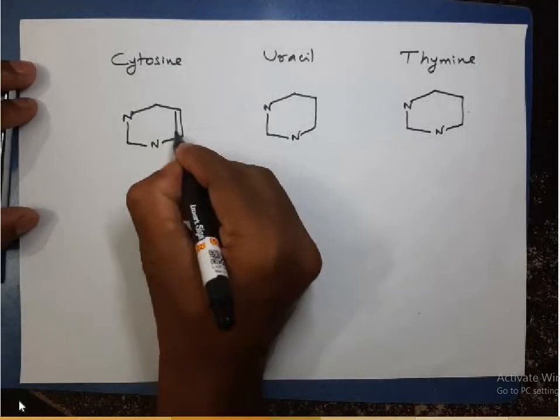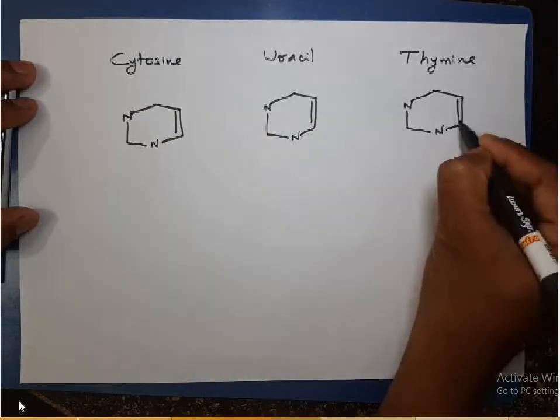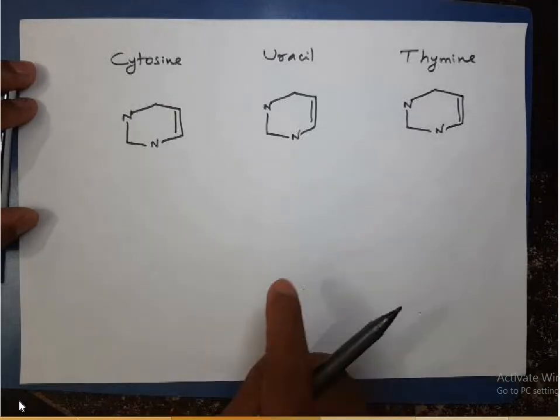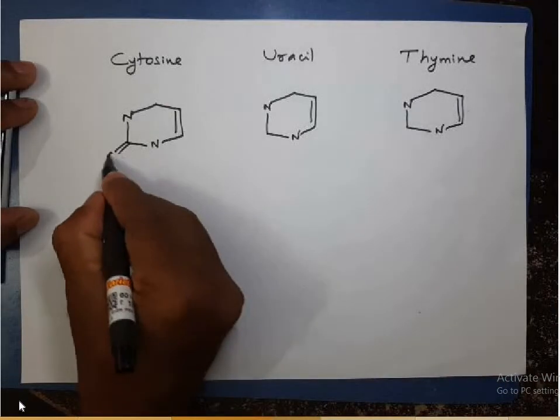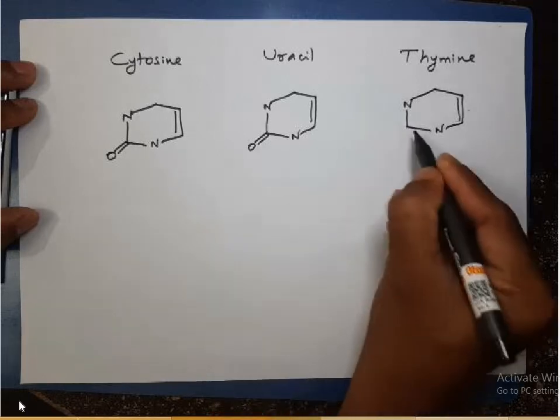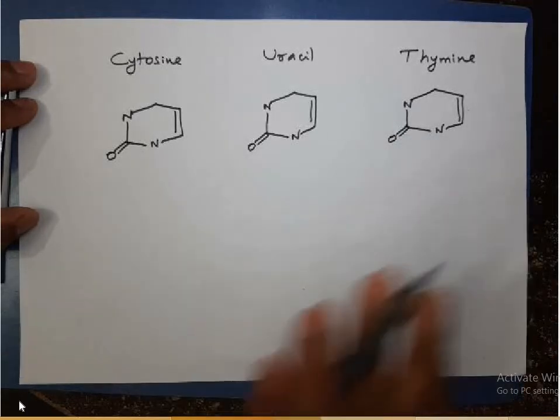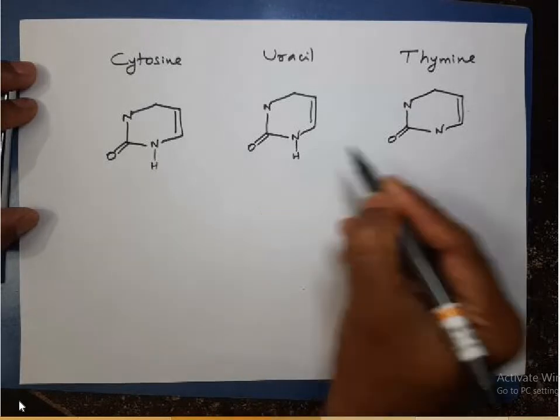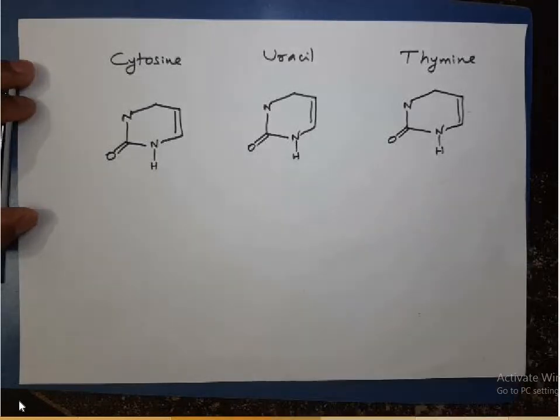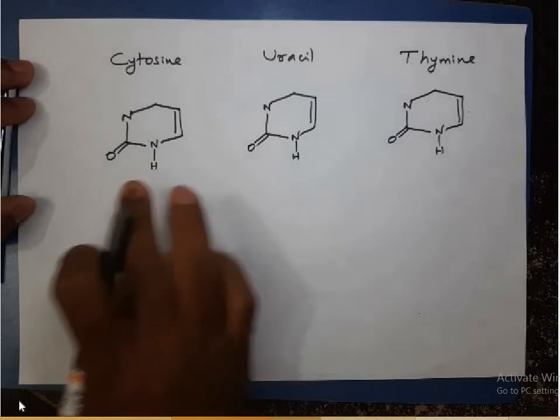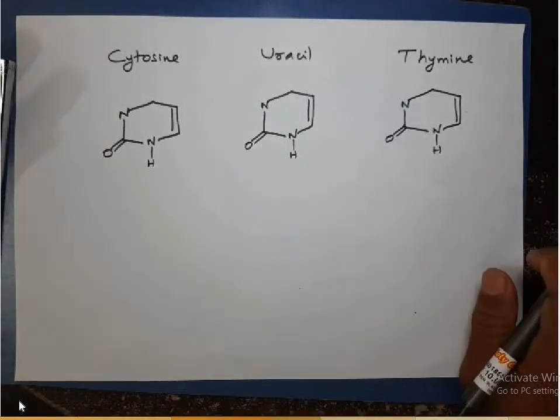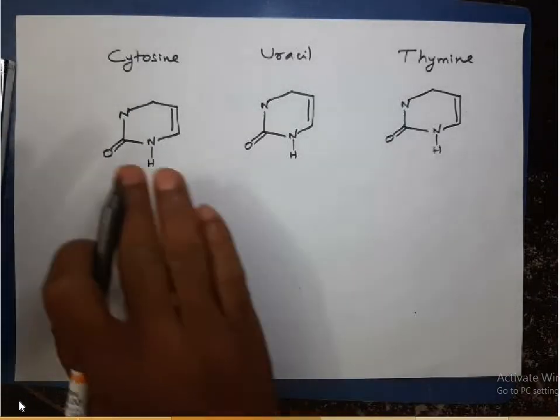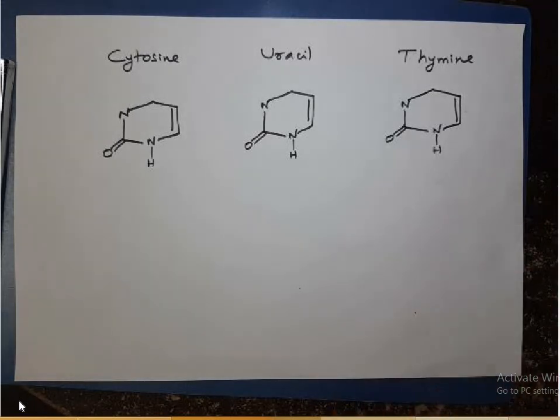And put a double bond here, in this position. And put a keto group here, C double bond O. These are all common. And here one hydrogen on each. See, up to this there is no difference. All these structures have common entities.